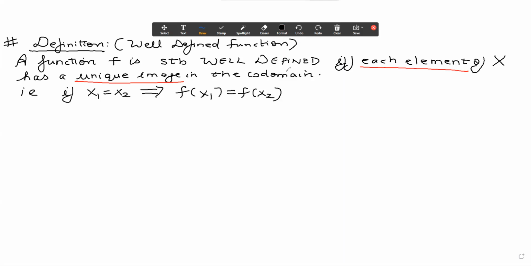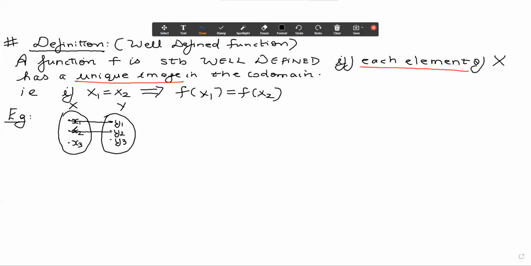For example, if I show you using an example, suppose this is X and this is Y. And suppose there are three elements, x1, x2, x3. And corresponding to this, we have y1, y2, y3. So x1 is related to y1, x2 is related to y2. And now if I just leave it here, is it a function?